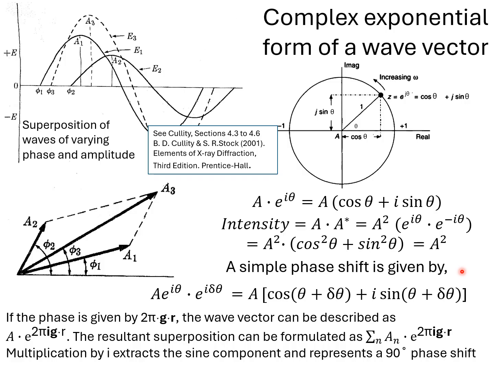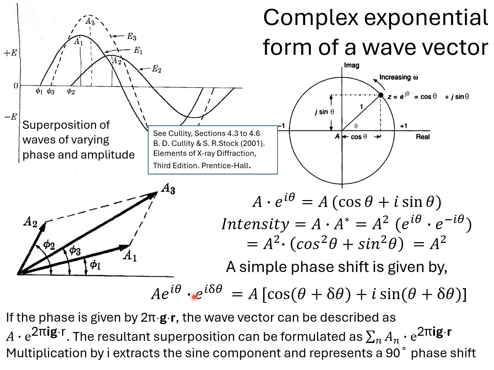I mentioned that the beauty of using an exponential form is that there are two things to note here. One is that we can multiply by some shift in the phase of the original wave. In that case, the expanded form becomes cos(theta plus delta theta) plus i sin(theta plus delta theta), if the shift is represented by delta theta.